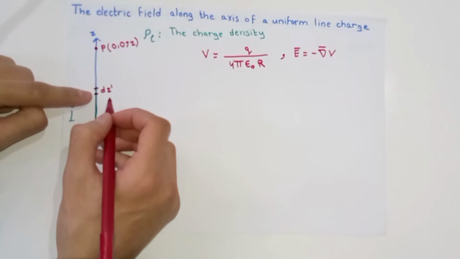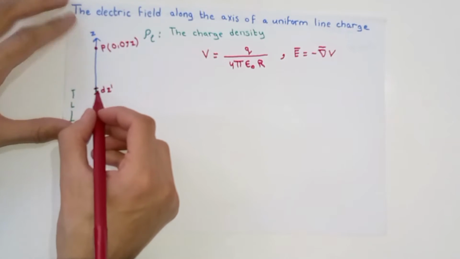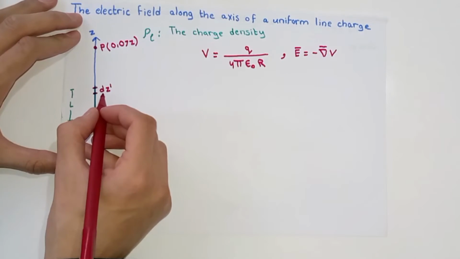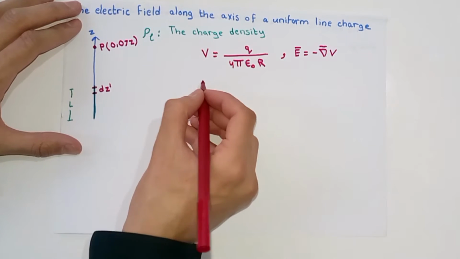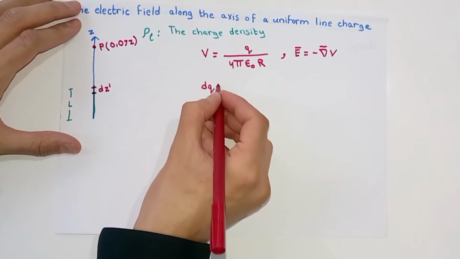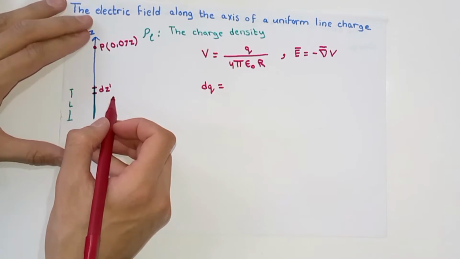Now we want to find the electric potential due to this small piece of line charge, dz. The charge of this small differential line is equal to the length of this line times the charge density.